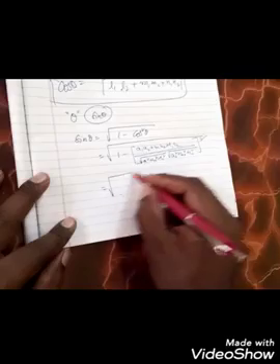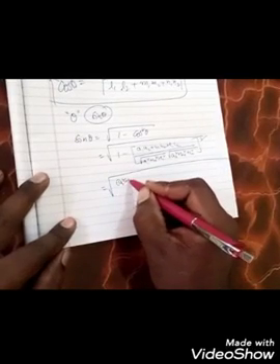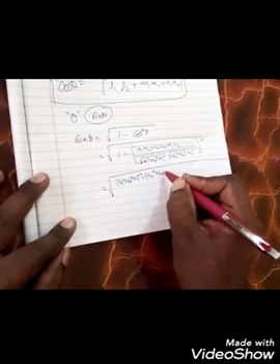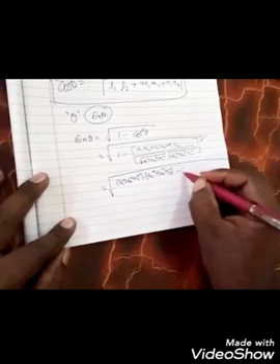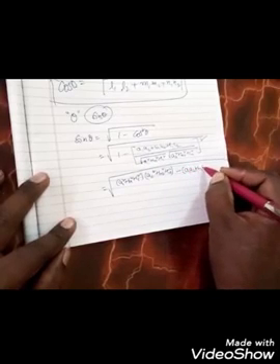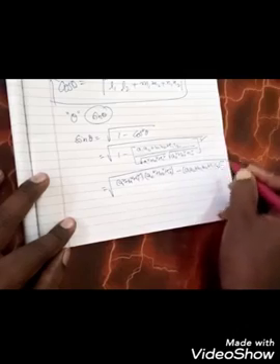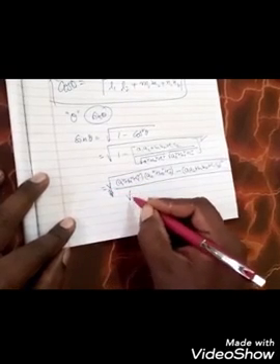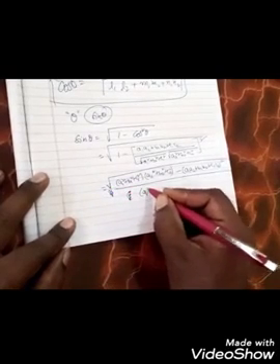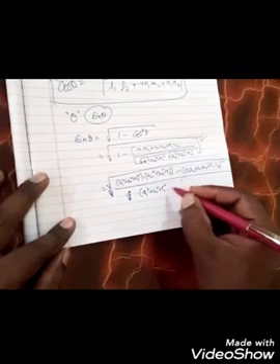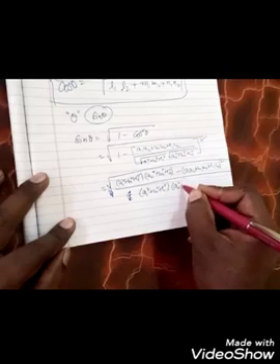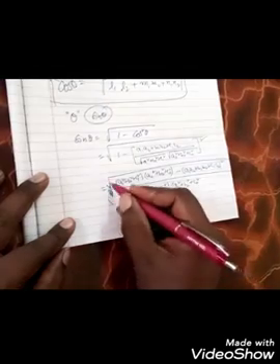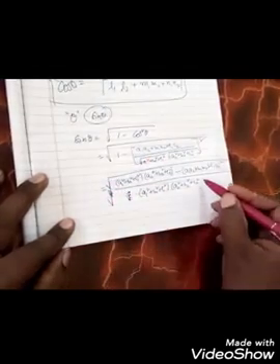Finally taking the LCM, you get a1 square plus b1 square plus c1 square into a2 square plus b2 square plus c2 square minus a1 a2 plus b1 b2 plus c1 c2 whole square, by the denominator a1 square plus b1 square plus c1 square into a2 square plus b2 square plus c2 square. This complete root is there, but the square and root get cancelled.